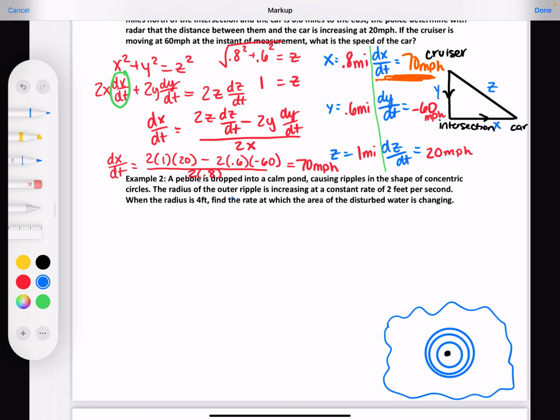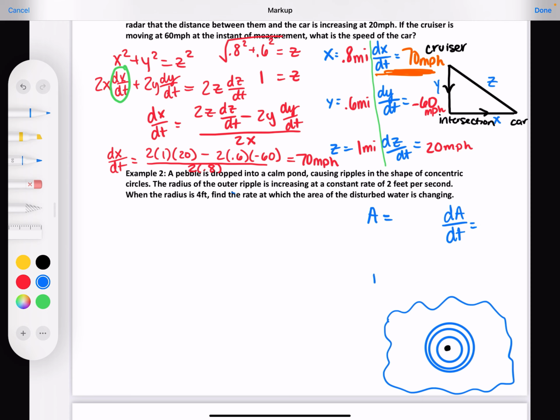So, known values, or what we're trying to find: the area, which may or may not end up being relevant, dA/dt, the radius, and dr/dt.